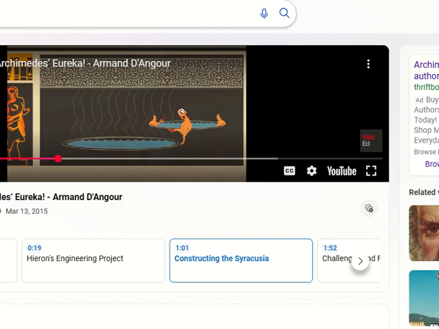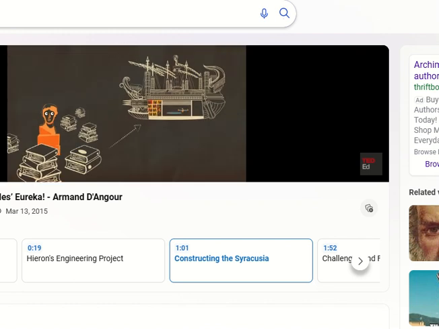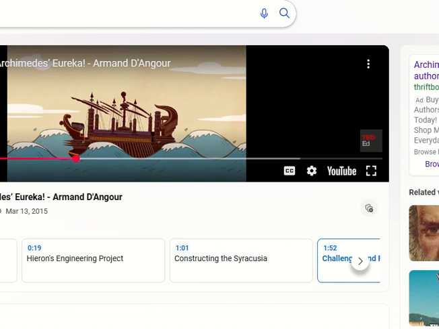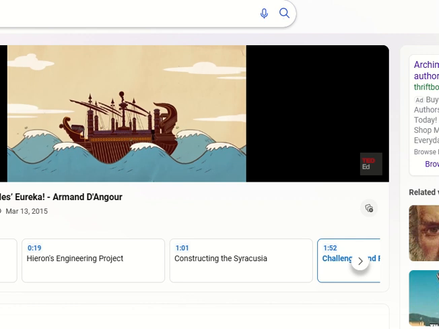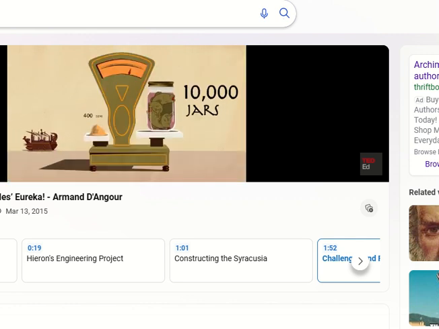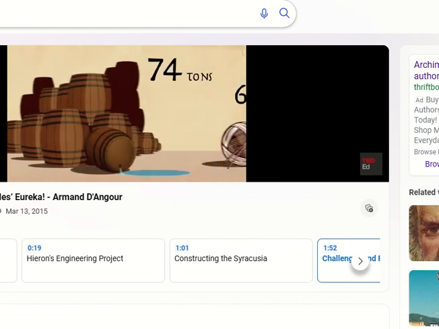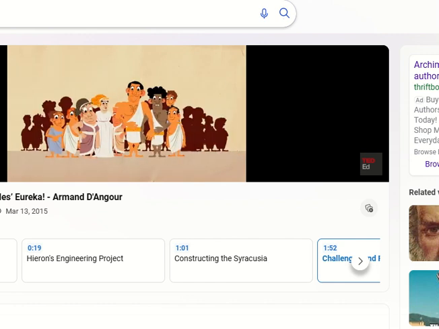Here is one from TED Education, and it talks about mass and weight. Eureka is, as you know, your Archimedes principle, because he discovered that an object submerged in a fluid is going to experience an upward buoyant force, and that force is equal to the weight of the fluid displaced.